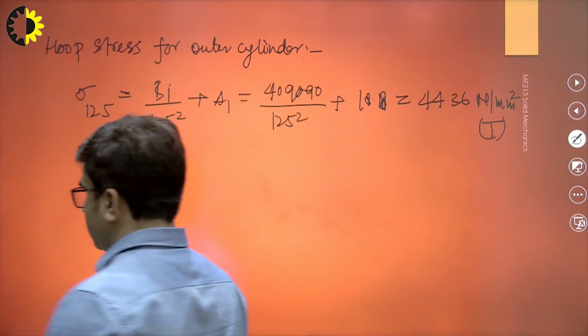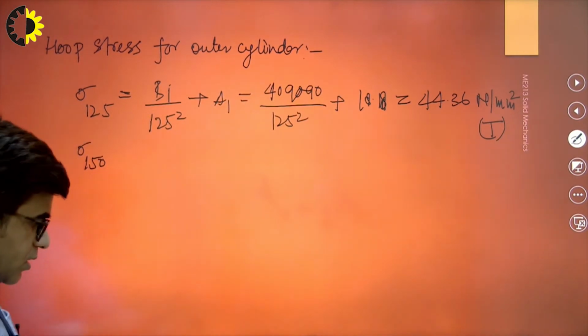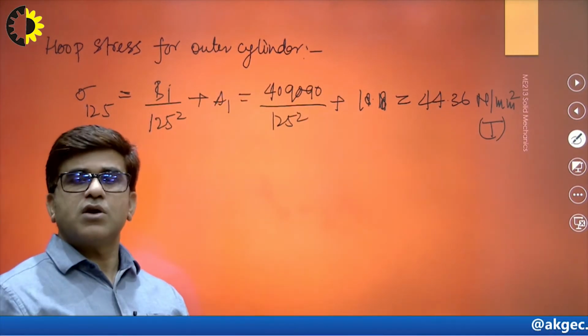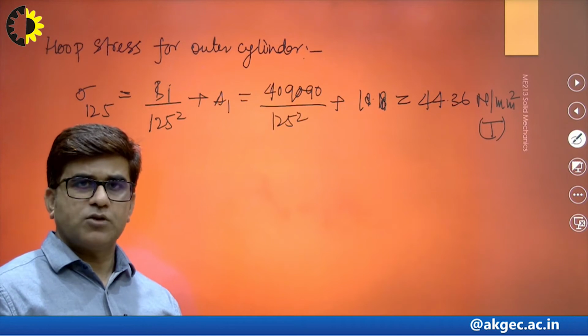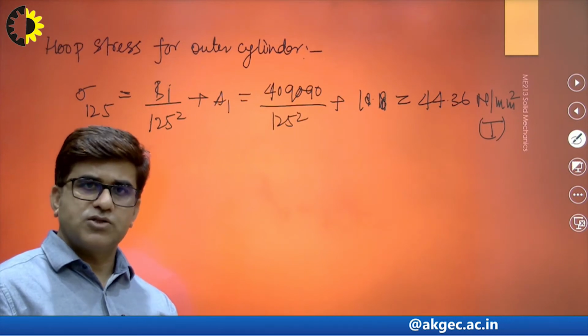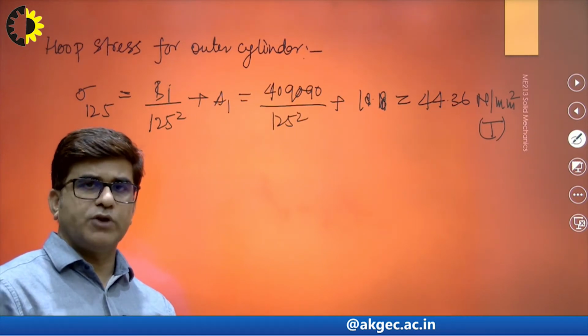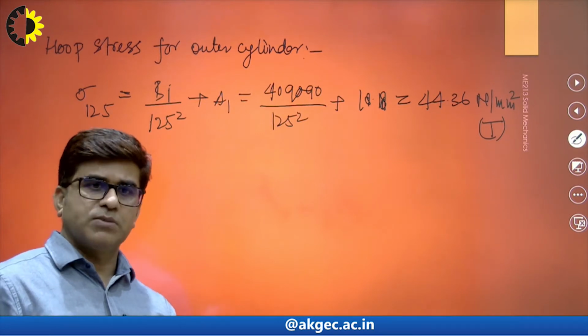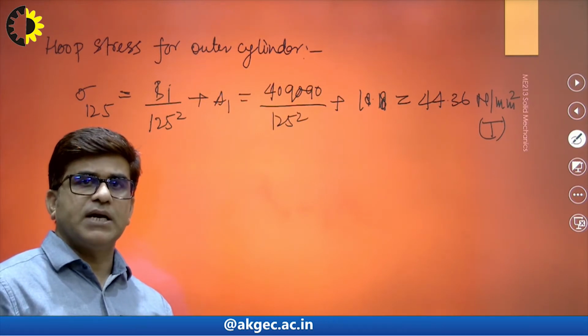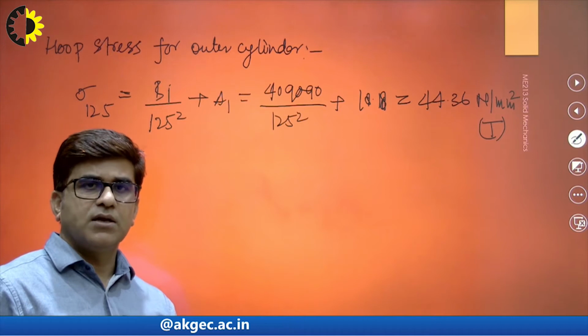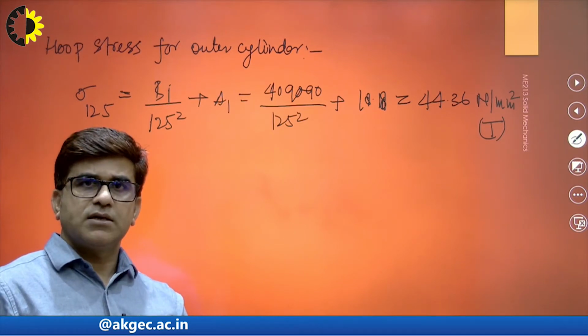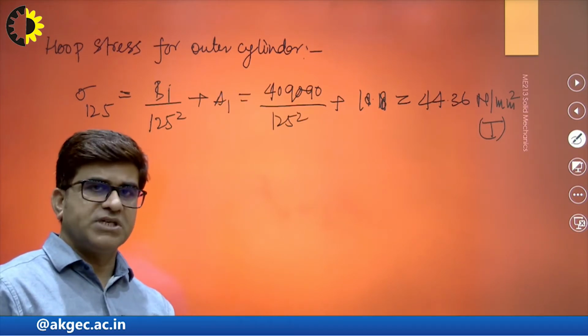As I already told you, when the outer tube is shrunk over the inner tube, because of the radial pressure developed at the junction of the two cylinders, the outer tube is in tension and the inner tube is in compression.